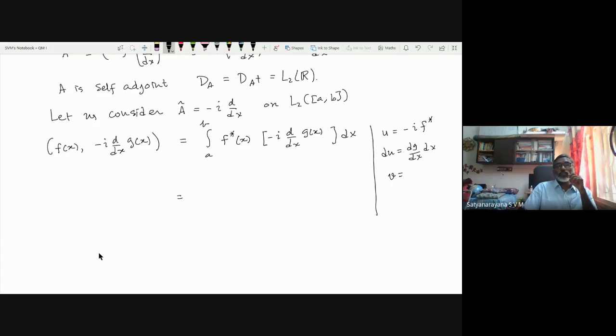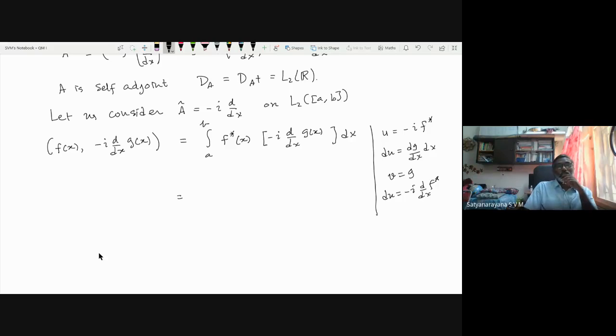So v is equal to g, and du is equal to minus i df star dx.